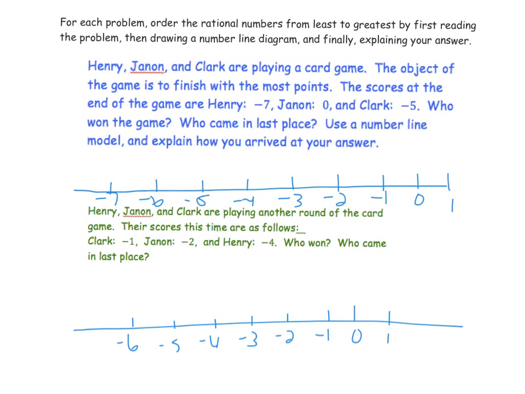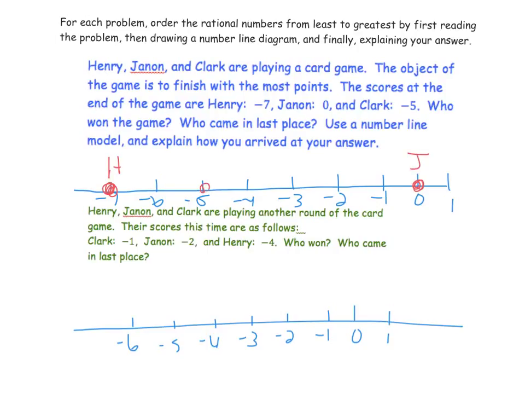Alright, I pre-drew my number lines. So they're playing a card game. The object is to finish with the most points. The scores at the end of the game are these: who won the game, who came in last place, and use the number line to model it. So here, Henry was at -7. Janin was at 0.